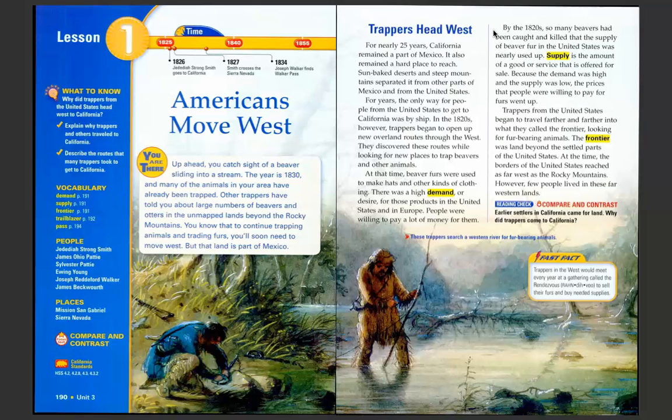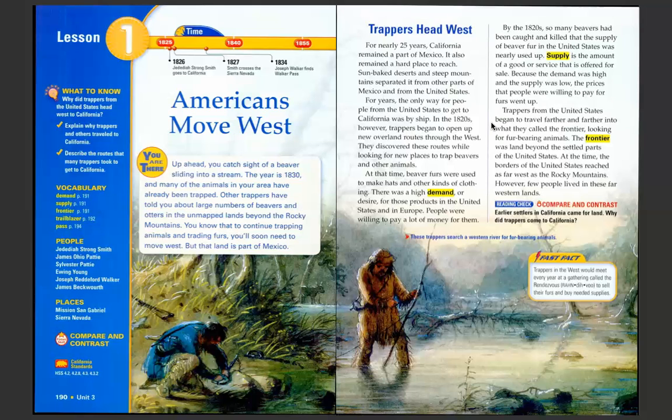Supply is the amount of a good or service that is offered for sale. Because the demand was high and the supply was low, the prices that people were willing to pay for furs went up. Trappers from the United States began to travel farther and farther into what they called the frontier, looking for fur-bearing animals. The frontier was land beyond the settled parts of the United States.